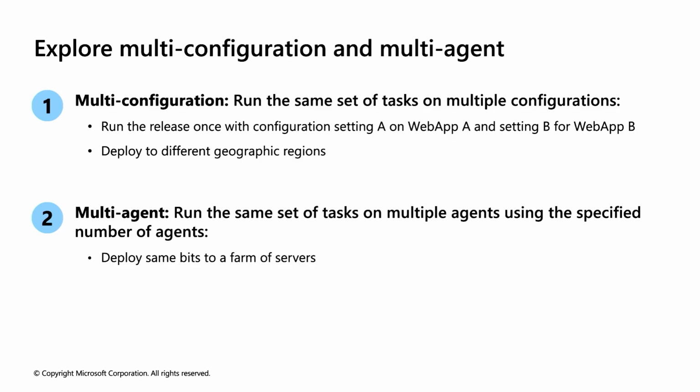Multi-agent, on the other hand, lets you run the same tasks on multiple agents simultaneously. This is especially useful when we need to deploy the same application to a farm of servers or perform large-scale testing. By leveraging multiple agents, we can speed up the deployments and reduce bottlenecks, making our DevOps workflow more efficient and scalable. Together, these features empower teams to deliver software faster with greater reliability, ensuring that our updates and new features reach users quickly and smoothly.